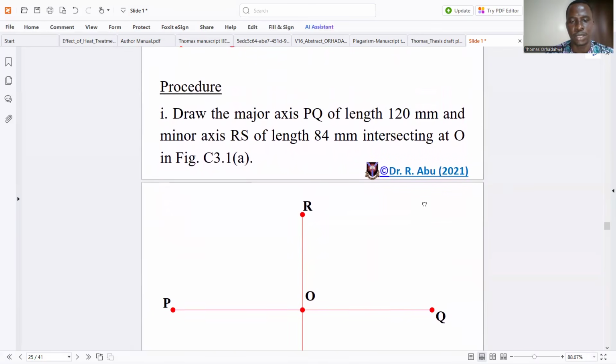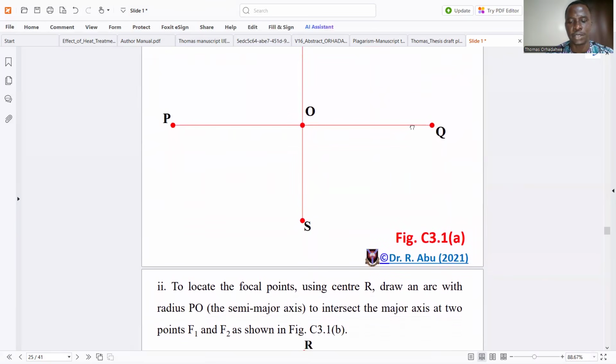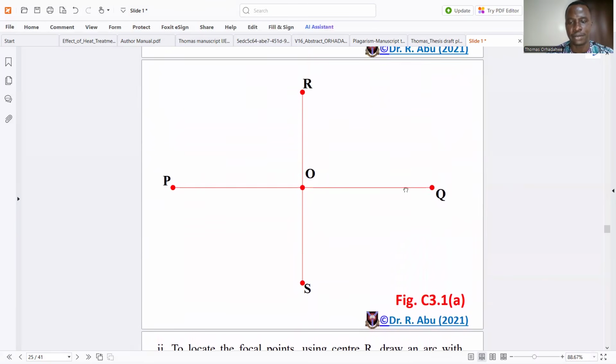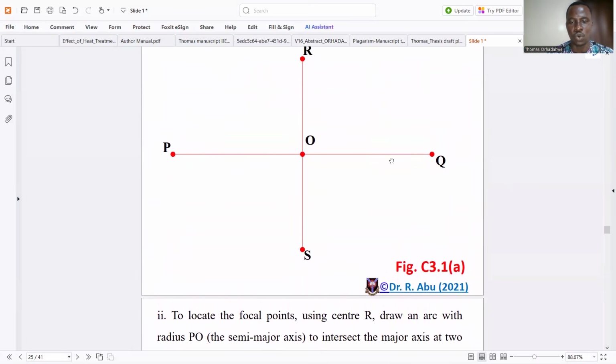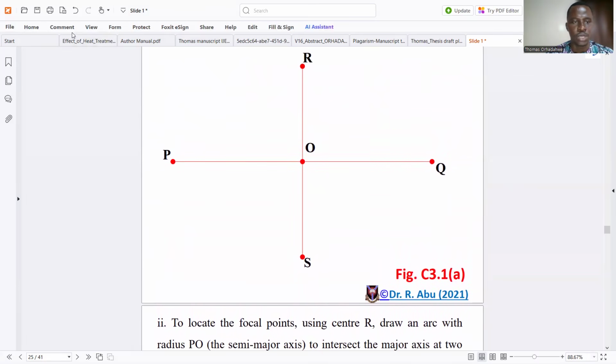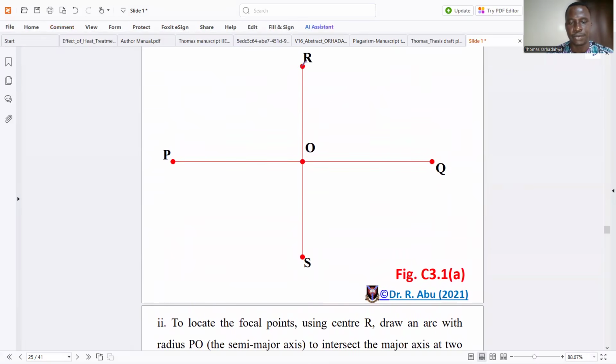So the first thing is to locate the focal point using center R. Draw an arc with radius PO, using center R. First of all, you get PO as your radius.